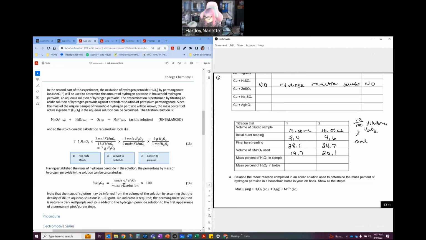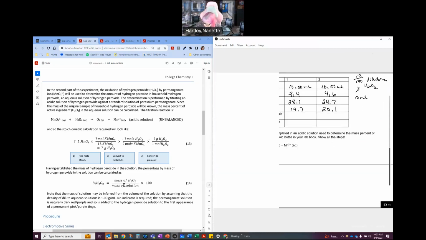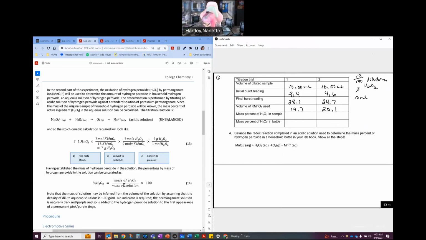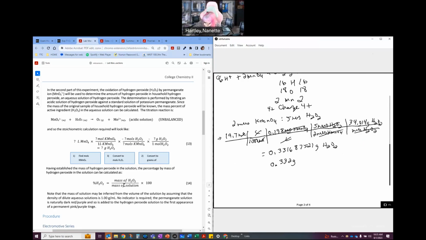Given that the density is 1 gram per milliliter, we're going to use that as 10 grams. And since it's a percentage, we divide by 10 and then multiply by 100. And that gives me 3.316%, which should actually be 3.32%.